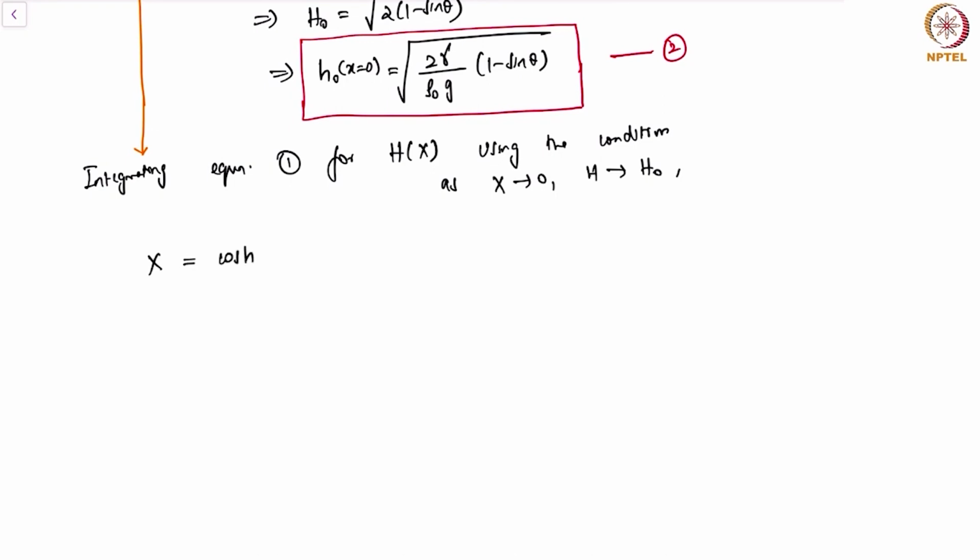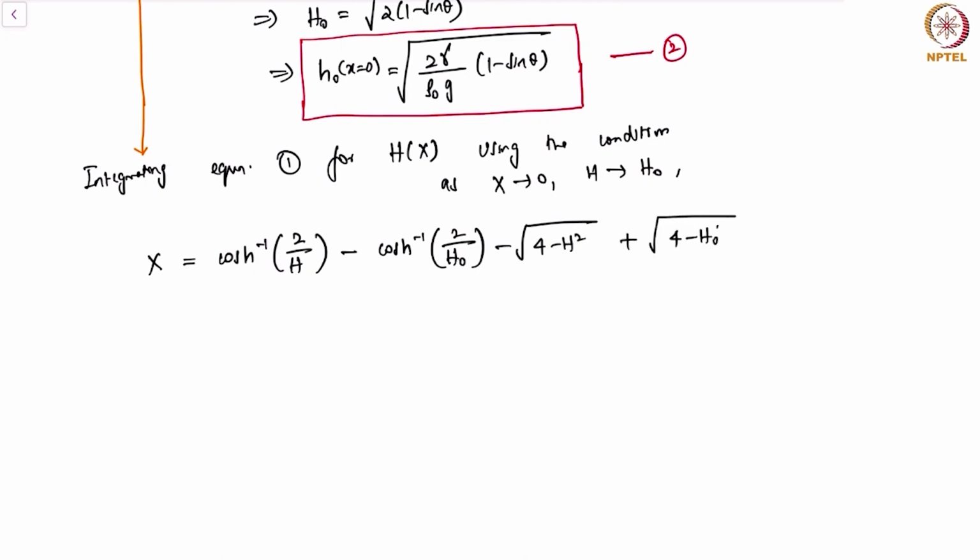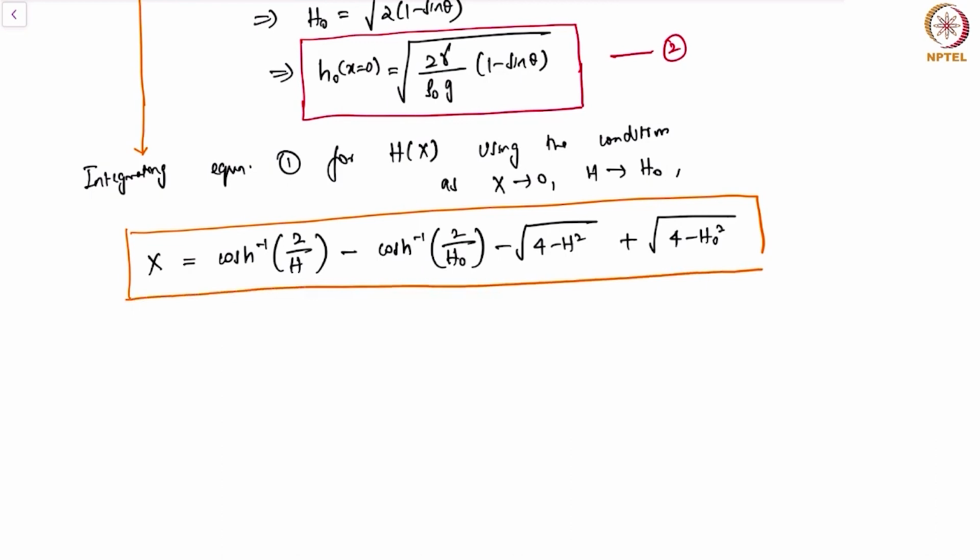But essentially what we get is 2 by h minus cosh inverse of 2 by h naught minus square root of 4 minus h square plus square root of 4 minus h naught square. Note that here we have x in terms of h, not h in terms of x. It's not possible to get an explicit expression for h of x because this equation is nonlinear.